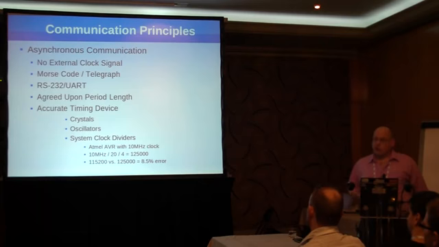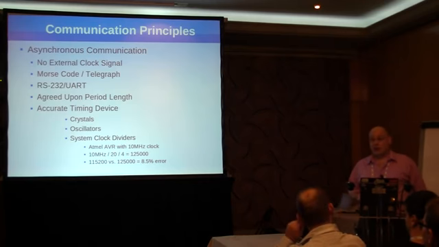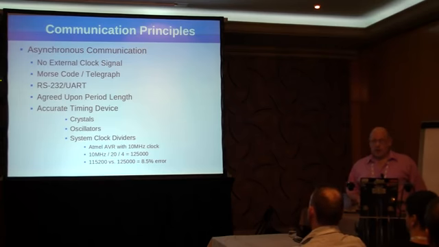If you're connecting to a device such as a microcontroller or a particular peripheral, that peripheral is going to have a crystal, which can be very expensive but very accurate, or you can have an oscillator, which is not as accurate but less expensive. But you can also have system clock dividers, for instance on an Atmel AVR, which might be running at 10 megahertz.